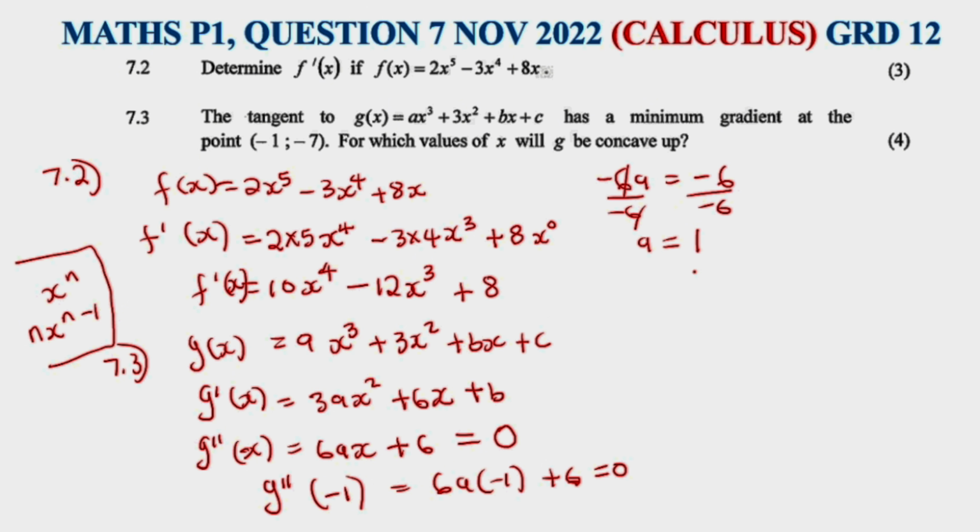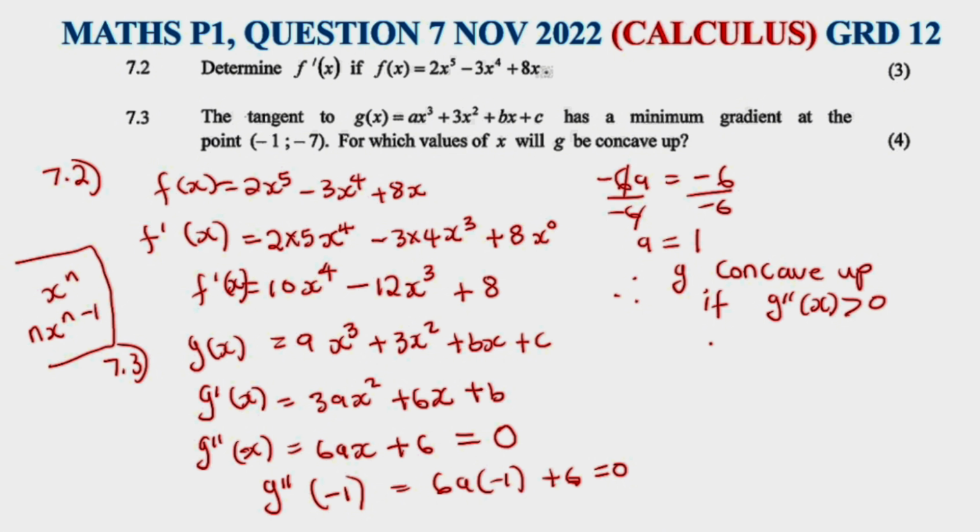So if a is equal to 1, we are looking for the values where g is concave up. g will only be concave up if the second derivative is greater than 0.